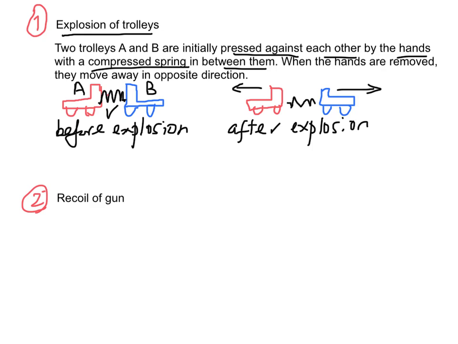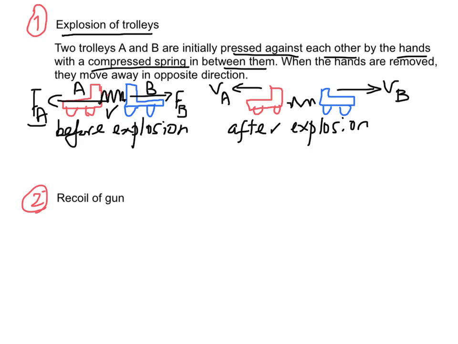When the hands are removed, they move away in opposite directions with speeds VA and VB respectively. Before the explosion, the force acting on A and the force acting on B are due to the spring, and they are of equal magnitude and opposite direction.